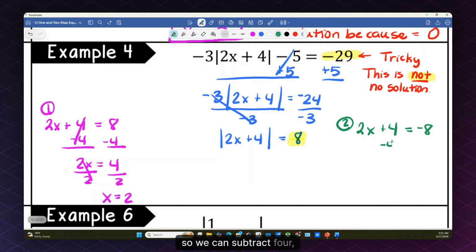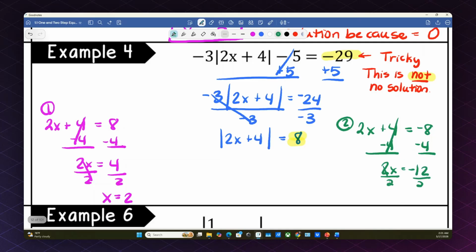Okay, so we can subtract 4. This cancels, and we get 2x equals negative 12. Divide by 2, and we get x equals negative 6. So our two solutions are x equals 2 and negative 6. Those are our two possible solutions.